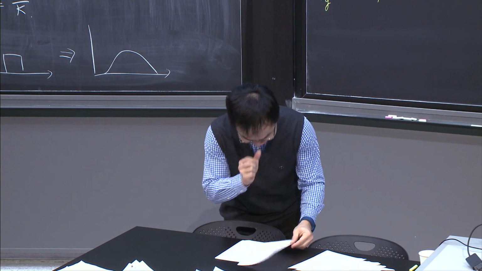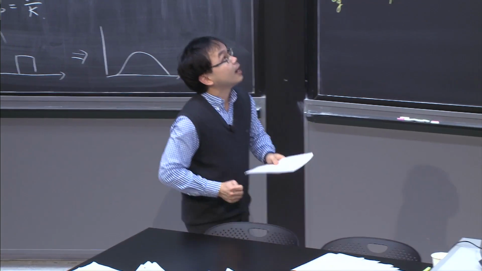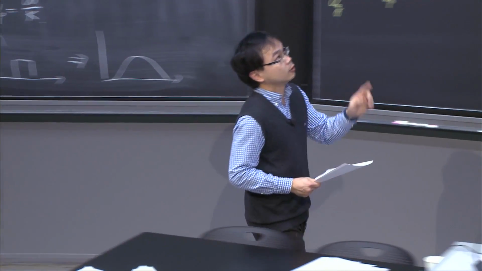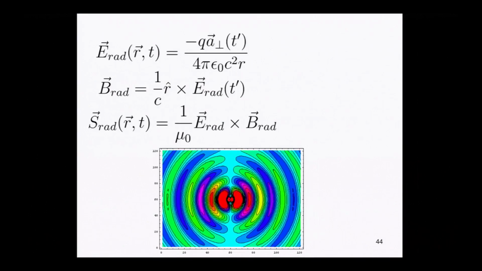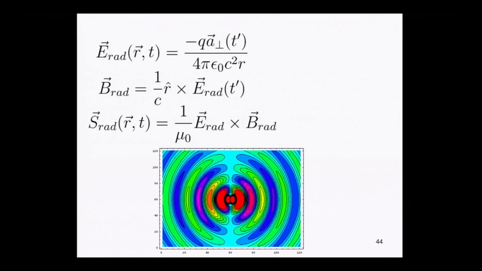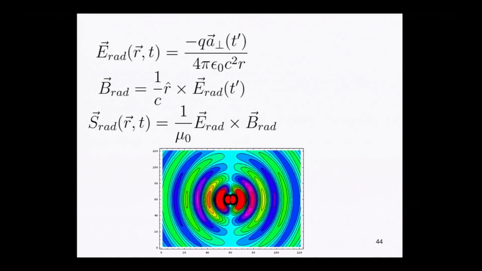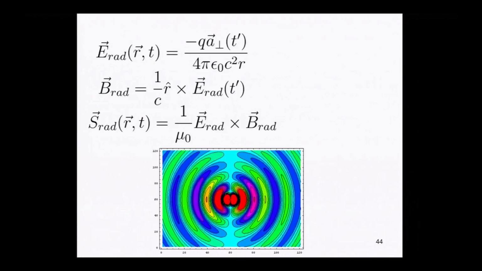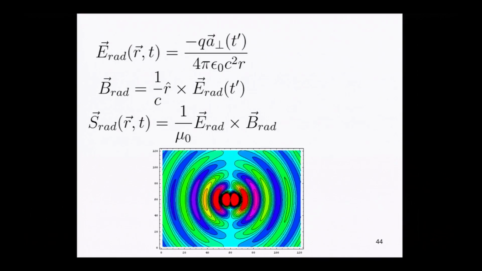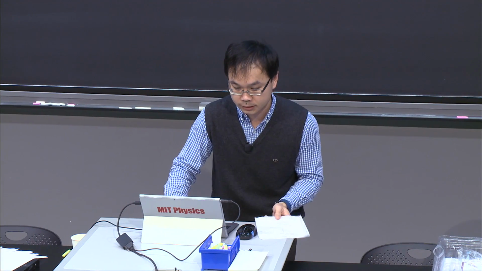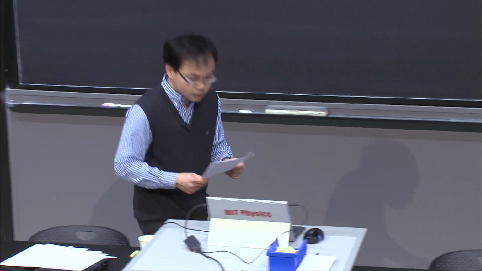All right. That is very important, and also very important to know the magnetic field must be there. You can see the relation between the magnetic field and the electric field, and the Poynting vector is also shown here.